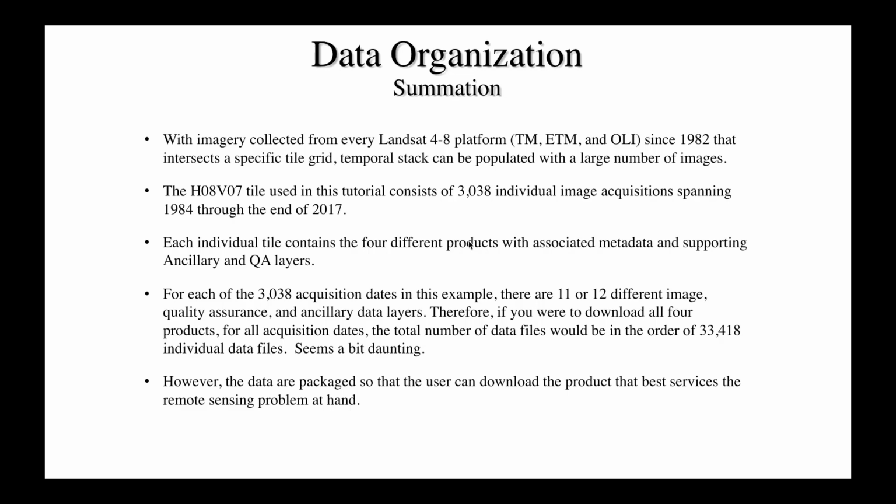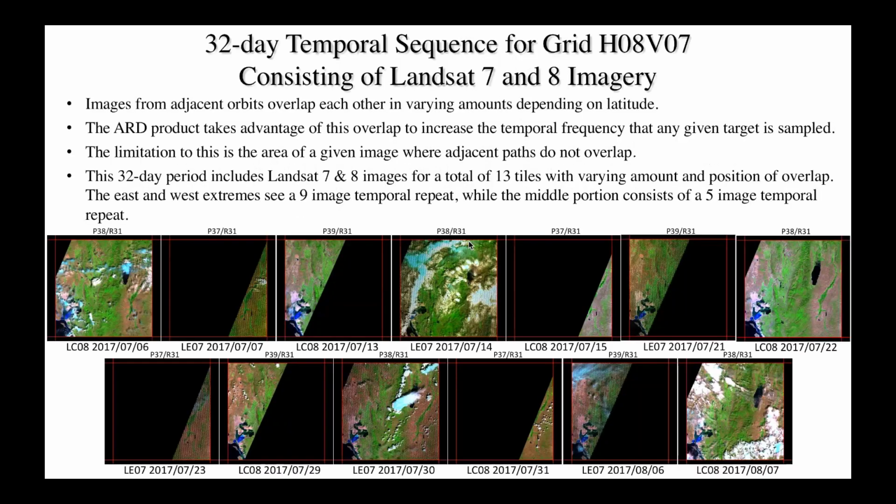All right, so here's an example. This is a 32-day period collected in 2017 over that particular grid, showing the image for Landsat 8 to start, path 38 row 31. Then you have 37 31, 39 31, 38, back to 38 31 for Landsat 7, and so forth.